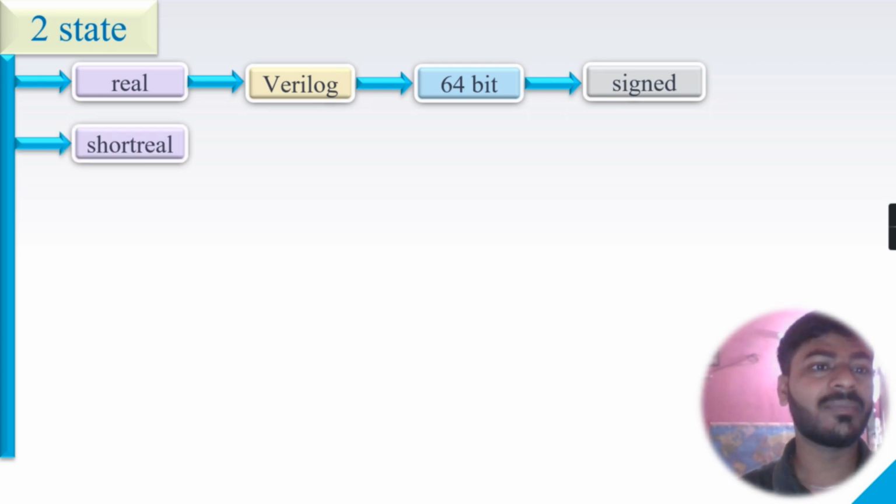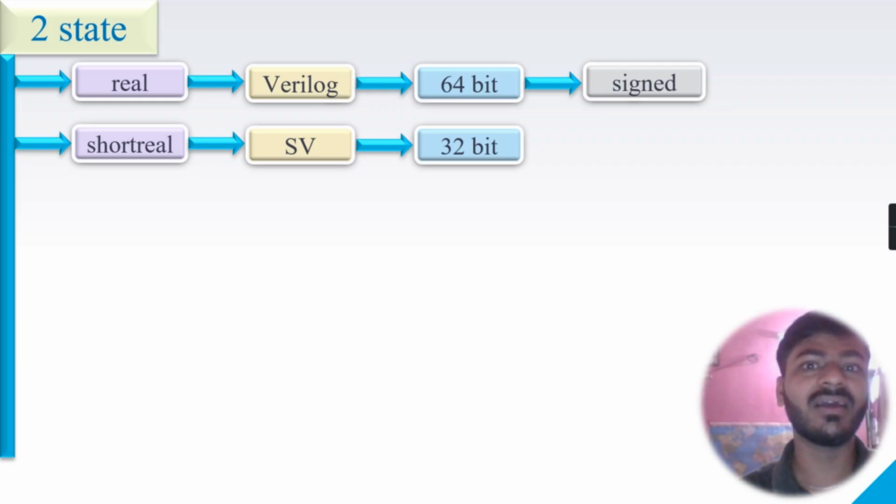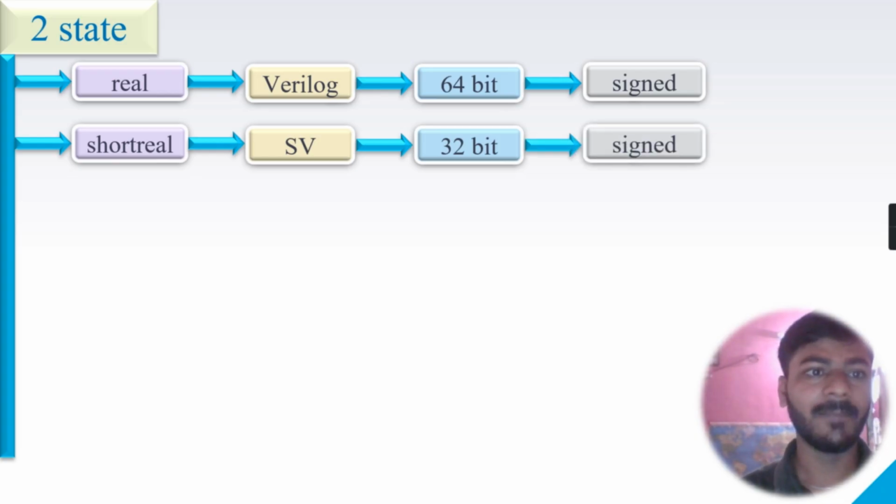Now the next data type is shortreal. Shortreal belongs to the SystemVerilog language, and it's 32 bit. As the name suggests, if real is 64 bit wide, then shortreal is 32 bit, and it is also a signed data type.